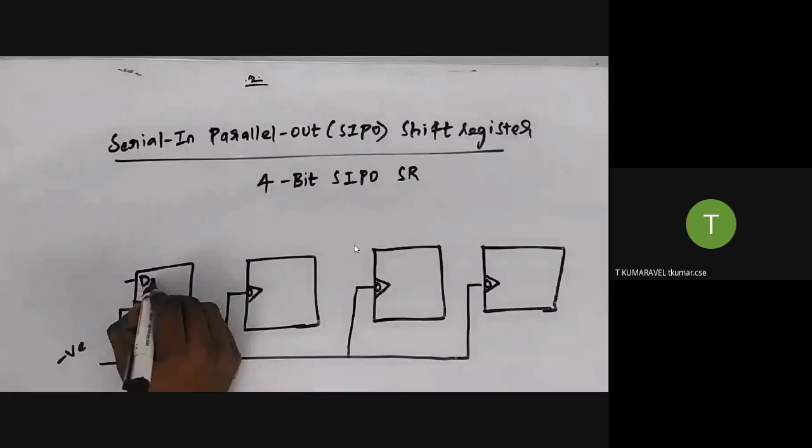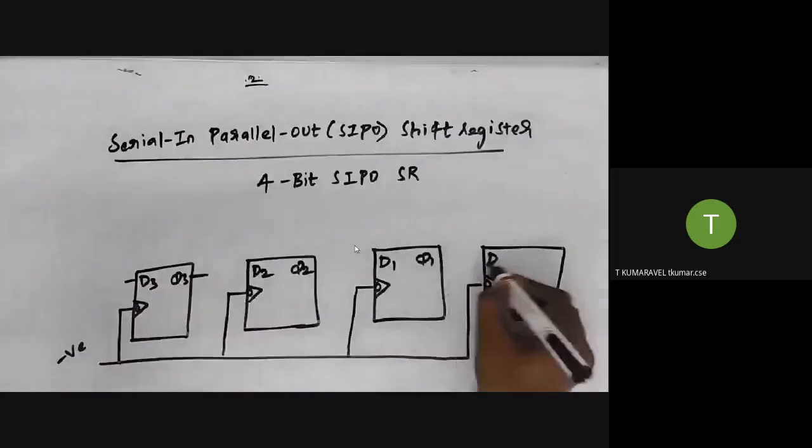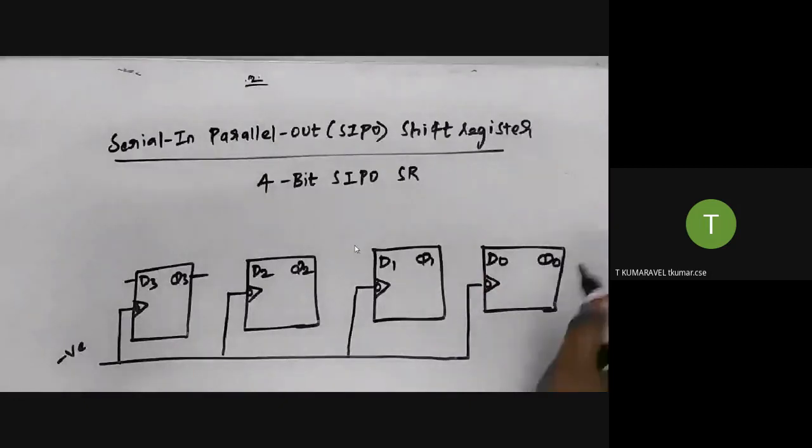This is D1, this is Q1, this is D0, this is Q0. This is treated as the LSB. Each one of them is an output.